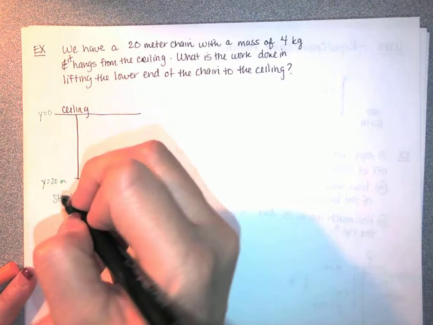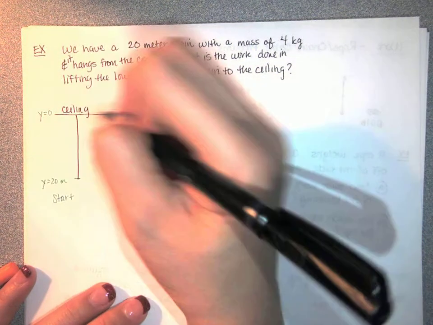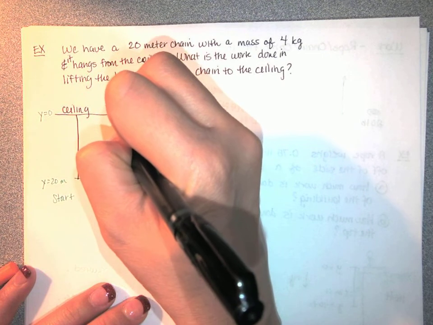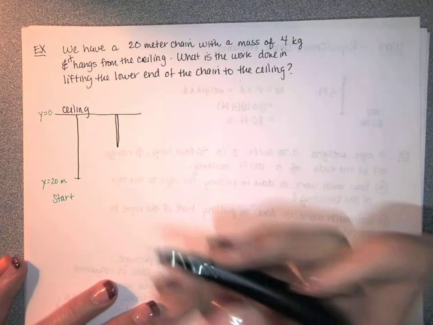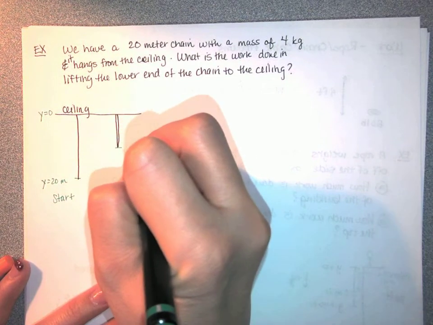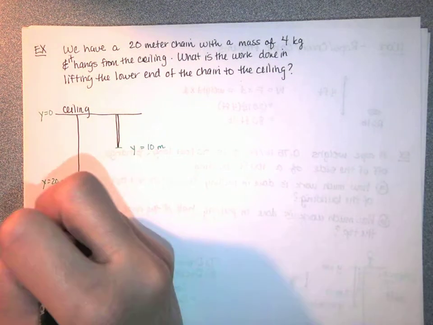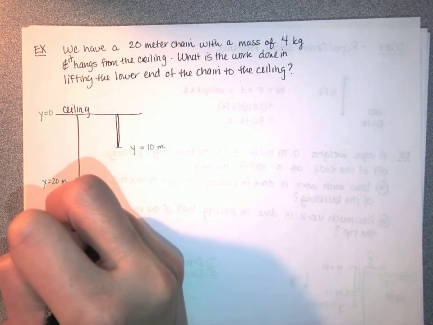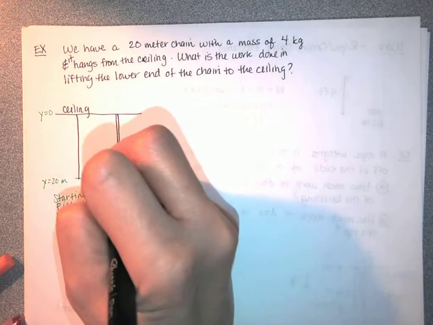Then after we move this 20-meter piece all the way to the ceiling, it looks like this. Now I'm going to draw it with a little distance between it, but it's actually laying on top of itself. And this is acting at y equals 10 meters. So this is sort of a before picture, and this is the after picture.